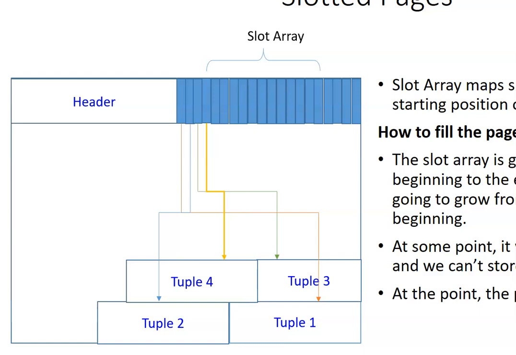So in this slotted page layout, each particular tuple is inserted onto the page in allocated space, and then the header, which we have talked about, will store the information of the table that has been inserted on the page.